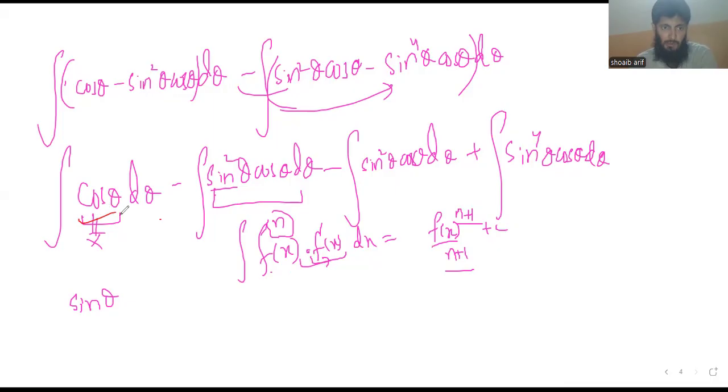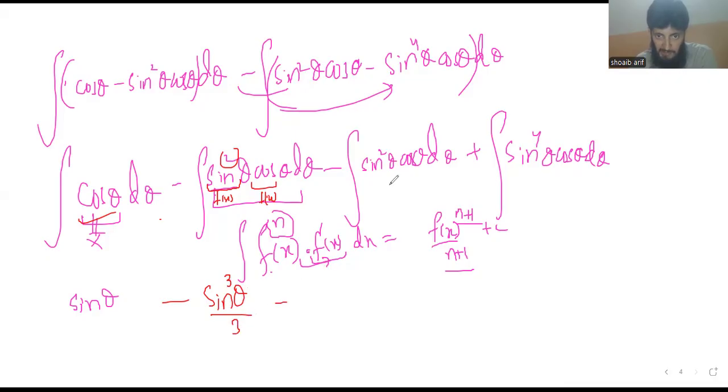The integration of cos theta is equal to sine theta. So we can see there is a function f of x which is sine x, and the derivative of sine x, which is cos x, exists here. Okay, so there is a power n. So what is the integral of this? Sine cube theta divided by 3.